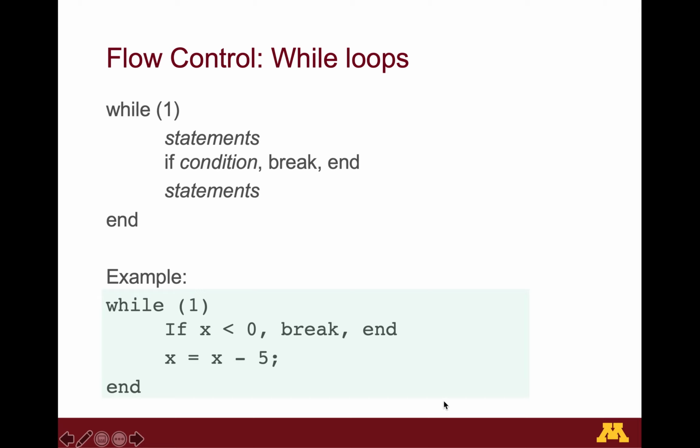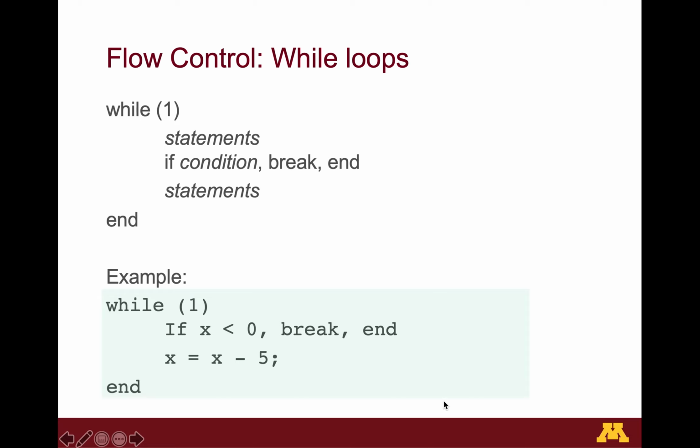So in the previous example where x was initially given as 8, in the first loop of this while loop, x is 8, so it won't break. It goes to the next line, which is x equals x minus 5, which gives us x equals 3, right? Then it goes back to the while loop again and sees if x is smaller than 0. It's 3, it's not smaller than 0.